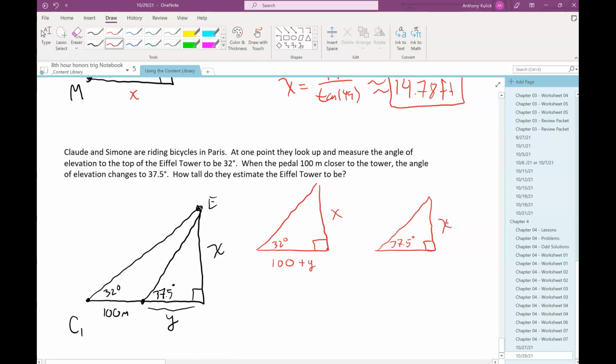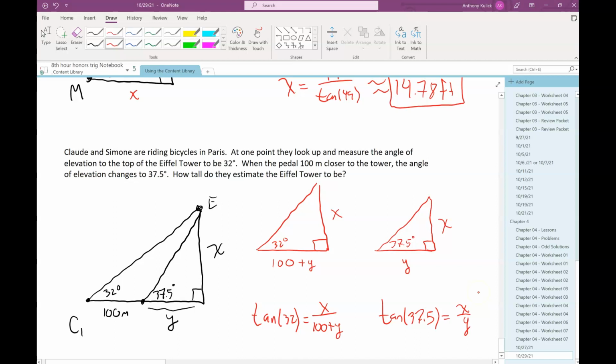What's the adjacent side for this one? Just y. Very good. So from the first triangle, I can write that tan 32 is equal to x over 100 plus y. And from the other one, I can say tan 37.5 is equal to x over y.